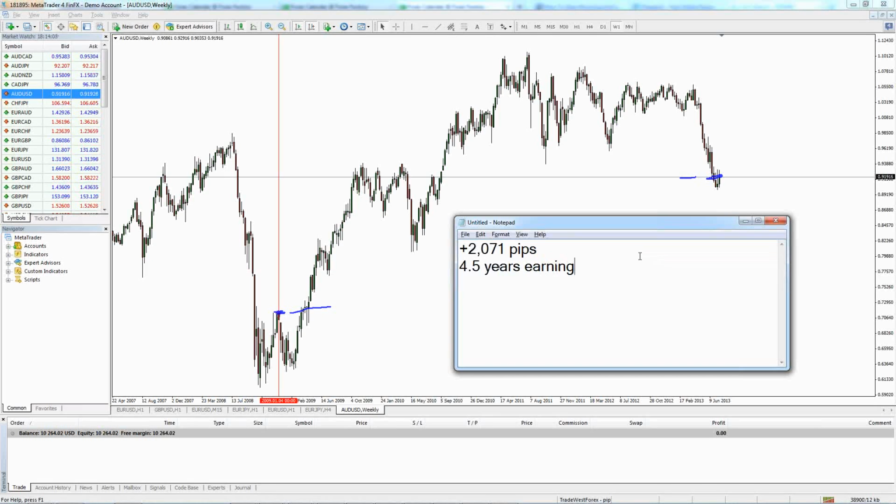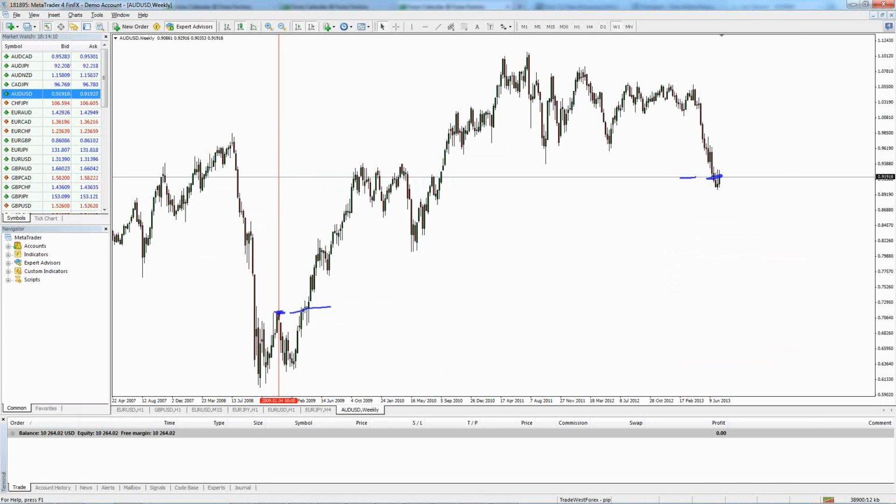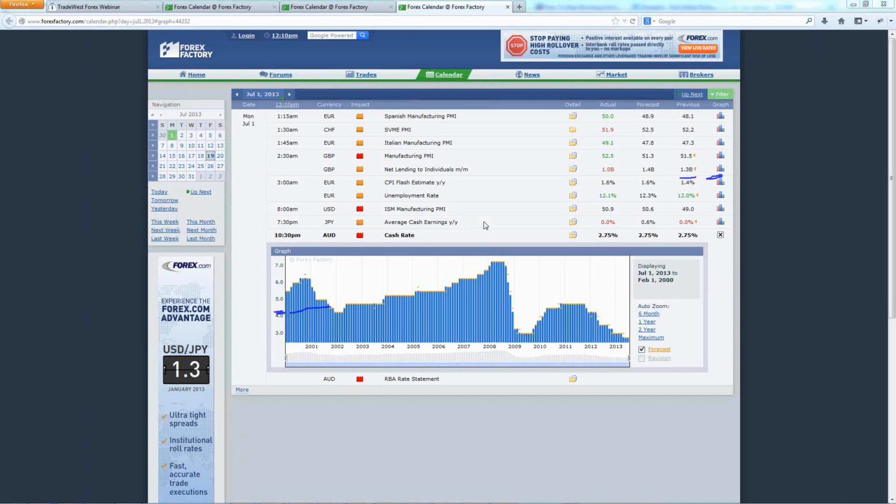Which, if we looked back at our table here, I'll just go back to Forex Factory's central bank rate page here. We know that the dollar was neutral from that whole period, and looks like you could say our average interest rate was probably about 3.5, even if taking the quarter out.